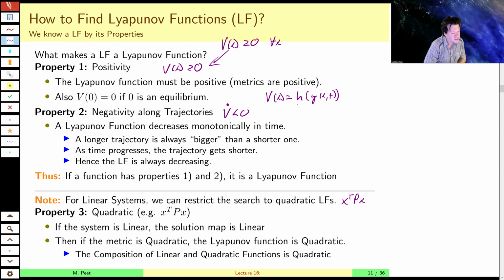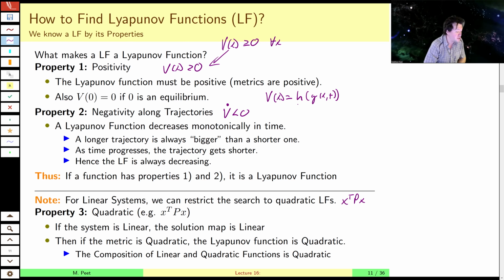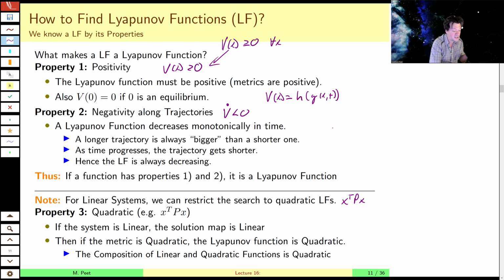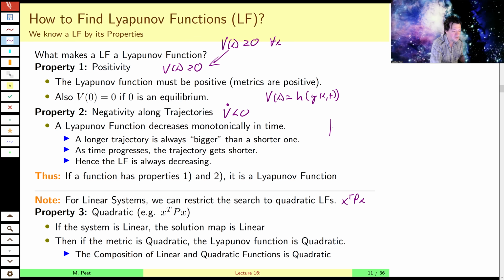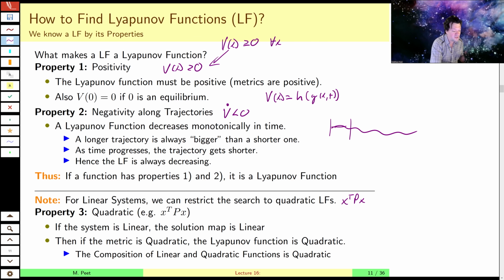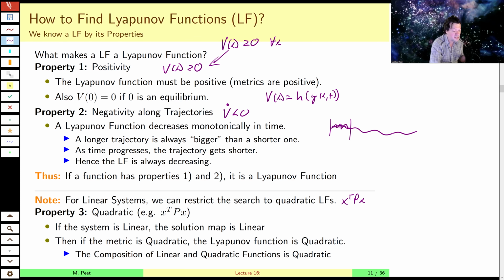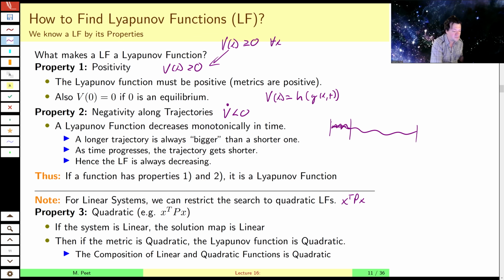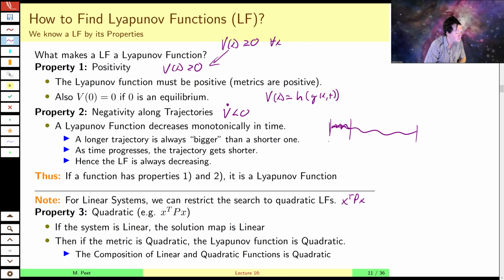If that solution is decreasing as we move along, then the size of your solution has to decrease because you're cutting off pieces of time from it. No matter what the solution looks like, if you cut off this piece, it's going to be smaller than the whole piece. So it has to be decreasing in time.